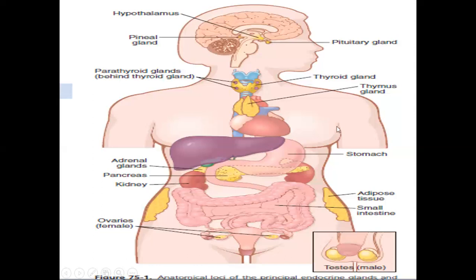A lot, no? So what I'm trying to point out here is that your endocrine system is comprised of a system of glands, a lot of glands. And these glands produce a specific hormone which is responsible for a certain physiological effect.